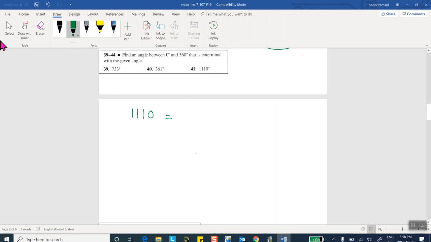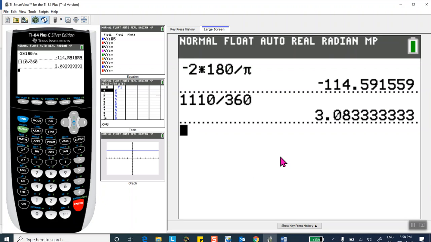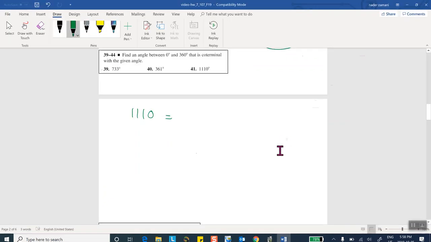So where's my calculator here? There it is. 1110 divided by 360. And I get 3. Okay, so here's the situation.